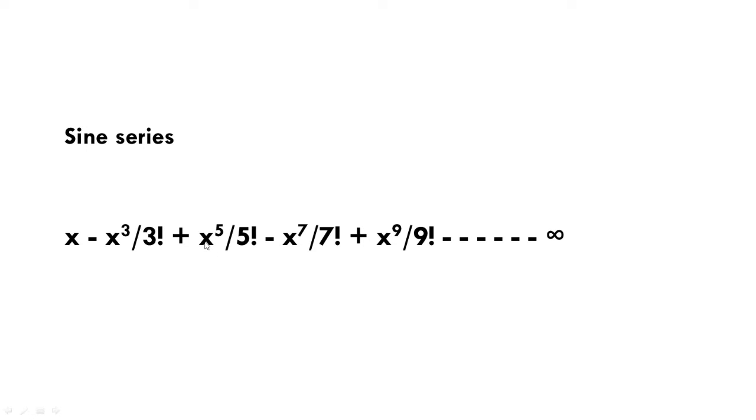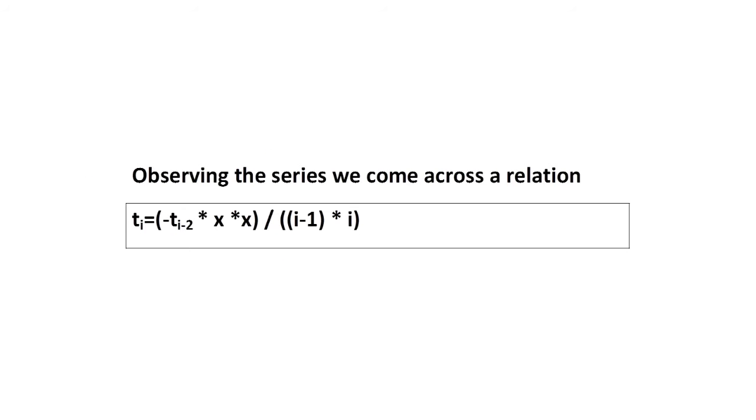The third term is x raised to 5 divided by 5 factorial, and the difference between 3 and 5 is again 2. That is the reason we have Ti equal to minus of Ti minus 2 in the relation, as the difference between the two terms is 2.